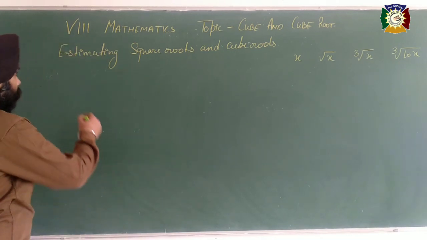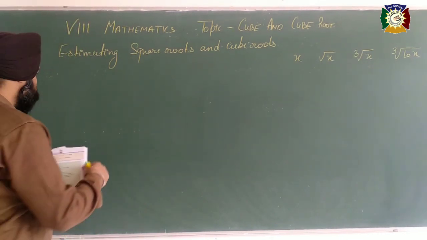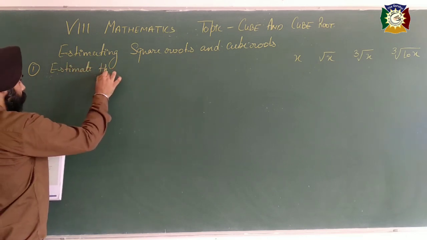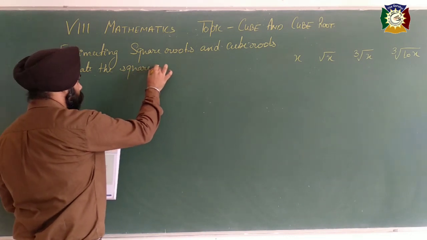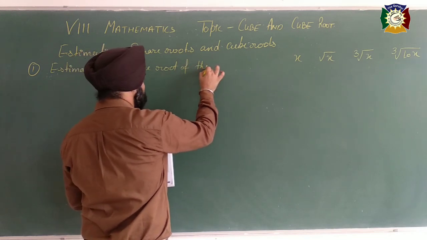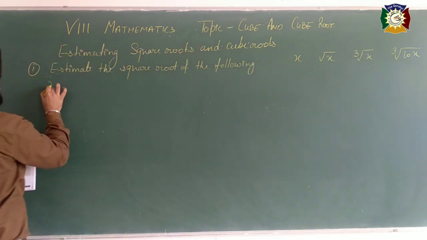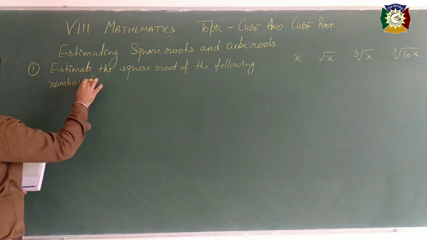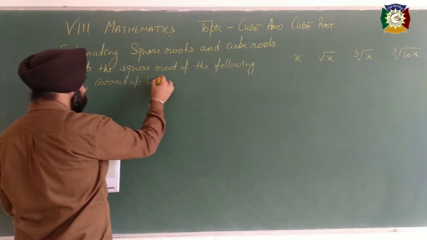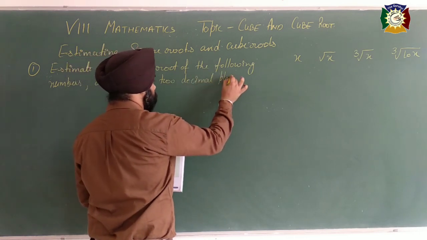See here, the question is: we have to estimate the square root of the following numbers, correct up to 2 decimal places.